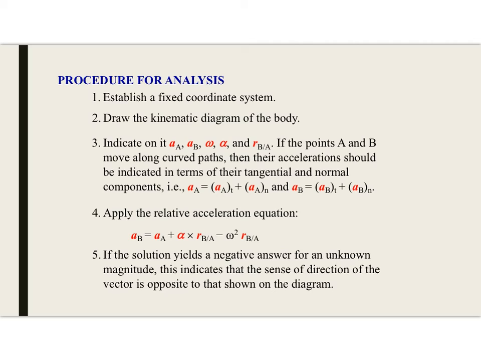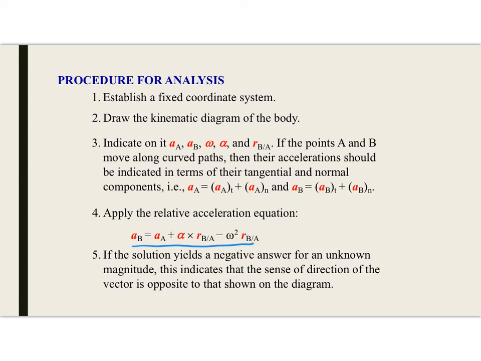So basically the procedure that we go through is we figure out what our coordinate system is. We figure out what's happening with the object. We want to indicate what are our points A and B, and what do we know about their angular velocity, their angular acceleration, and what is the position vector of point B relative to point A. And then we can use this equation to write out, given the information that we know, and then we make it into algebraic expressions, because we probably will break it down into components.